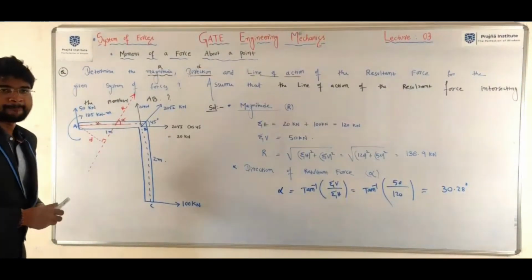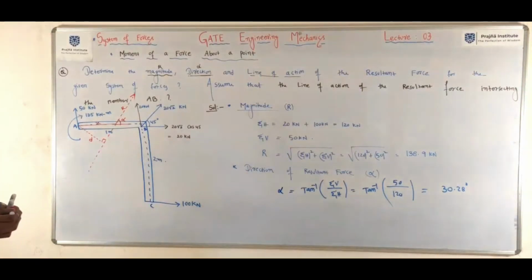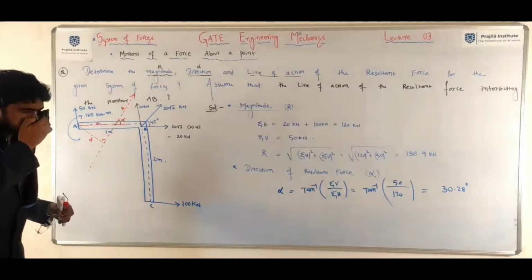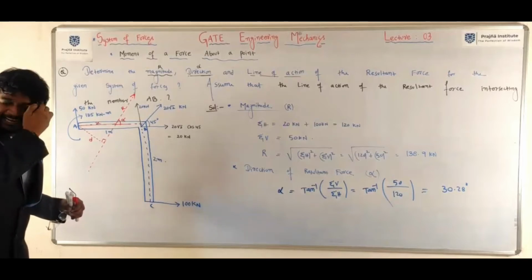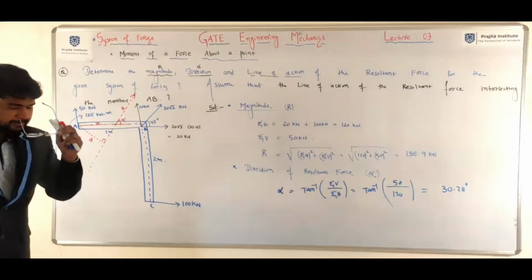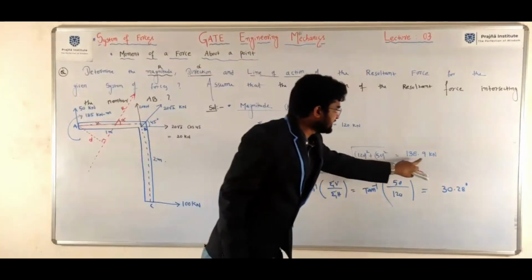Clear? Any doubt? Is it okay? Clear or not? What is the answer? Check it once. Any calculation mistake, please comment in the comment box. You should solve the problem. Okay? R equals 138.9.